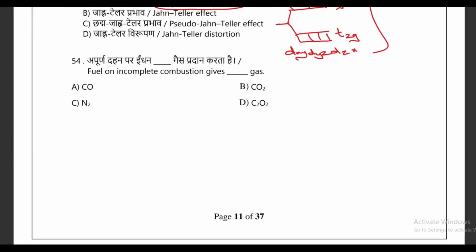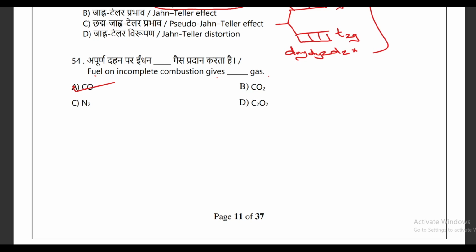In the next question, fuel on incomplete combustion gives which gas? Okay, so fuel on incomplete combustion actually gives carbon monoxide gas, and A option is correct answer in this question. Actually, fuel undergoing incomplete combustion typically produces carbon monoxide gas.